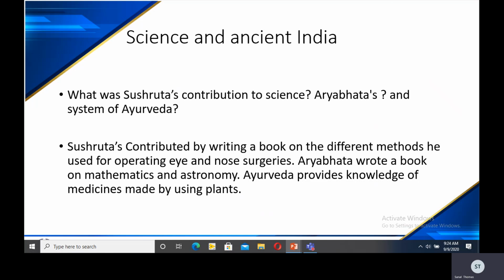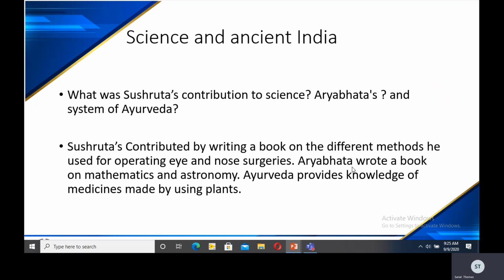Now we'll see the contributions of some people and systems of ancient India in medicine and science. Here it is talking about Sushruta's contribution, Aryabhata's contribution to science, and the system of Ayurveda. Sushruta contributed by writing a book on the different methods he used for operating eye and nose surgeries.